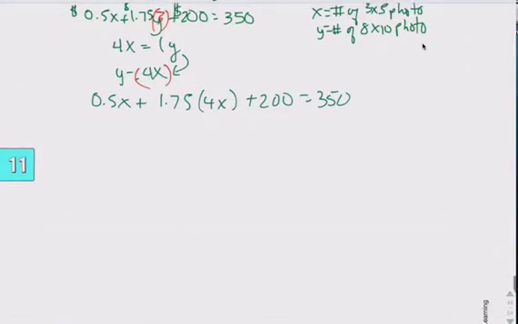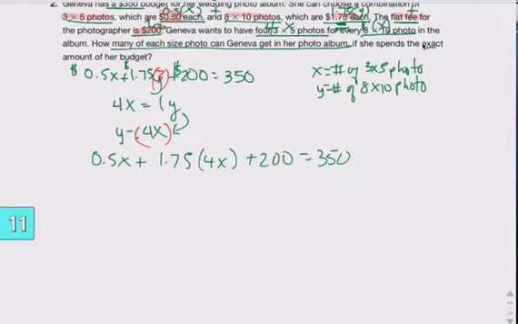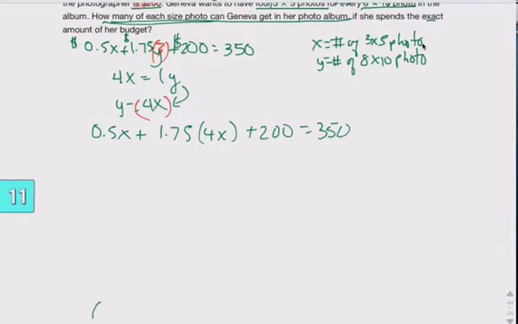Make sure you explain what your answer means. So how many of these size photo can, so you need to write at the end, Geneva will get blank number of, or whatever, get 6 of the 3 by 5 photo.